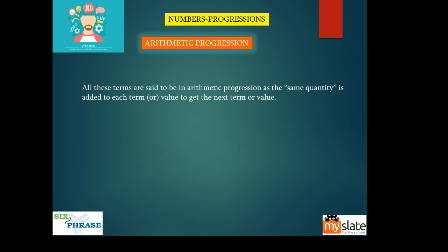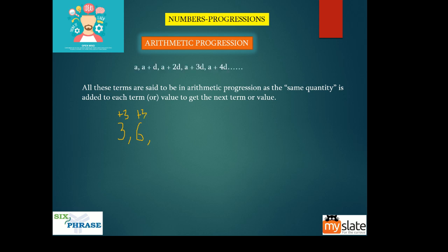Now what is a progression? Let us say we have a number, which is 3. I am going to increase this 3 by 3. What do you get? 6, right? Now to get the next term, I'll again increase it by 3.